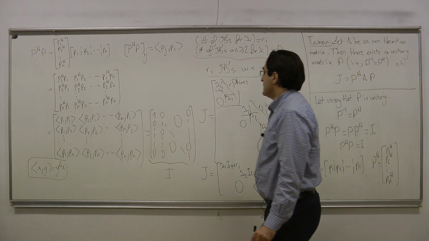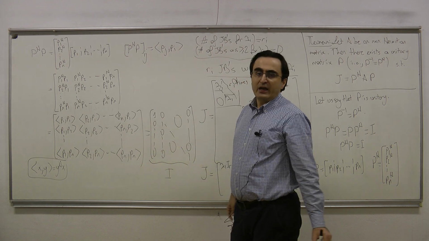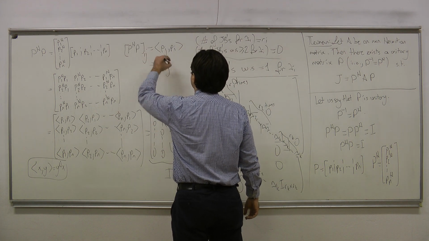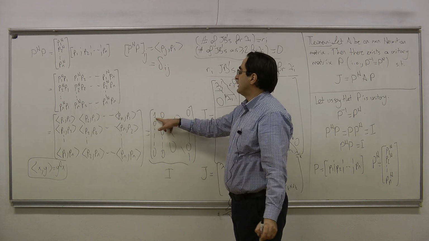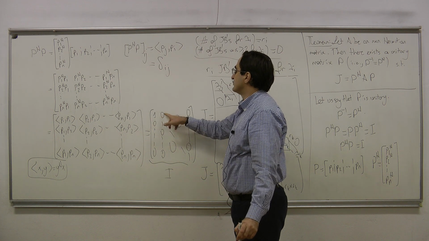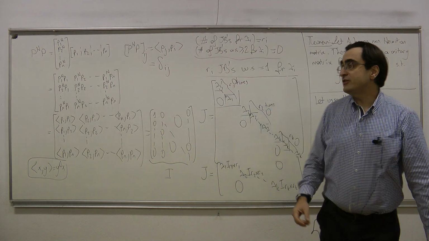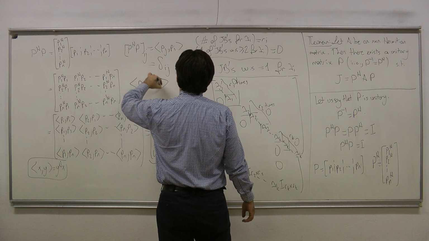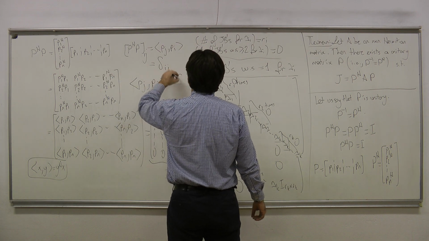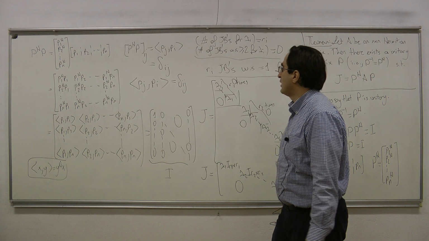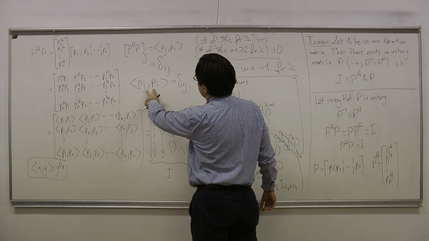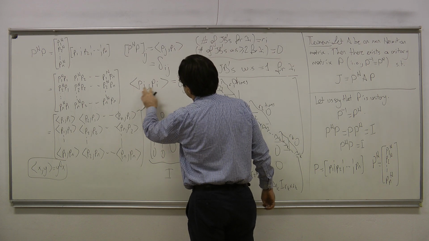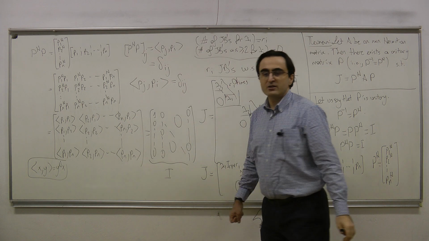Okay. And here, what is the ijth element of the identity matrix? I know that this is nothing but delta ij. So when i is equal to j, the result is 1. When i is not equal to j, the result is 0. Okay? So we see the following fact about the columns of the matrix P. The inner product of the columns would be equal to 1 when i equals j, and the inner products would be equal to 0 when i is not equal to j.